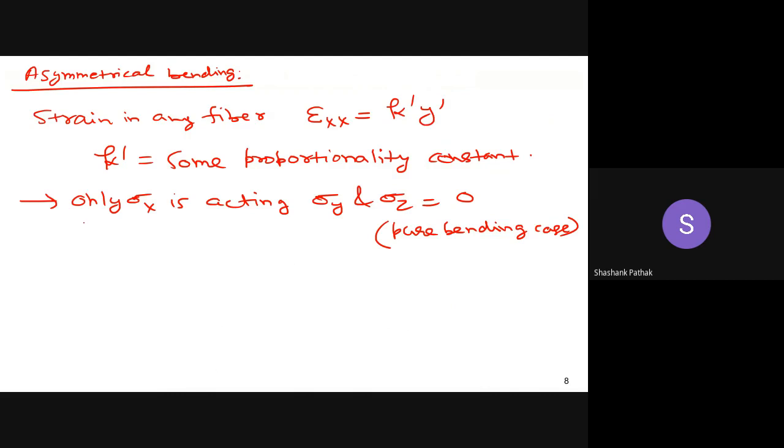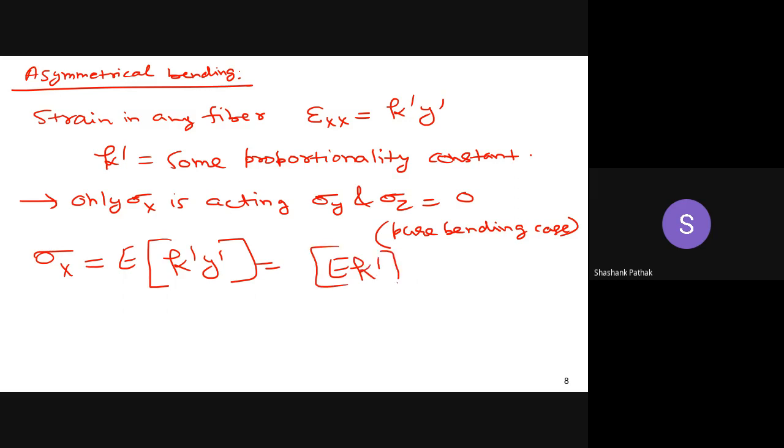So now sigma x can be written as modulus of elasticity into epsilon xx. Epsilon xx is what? K prime y prime. So E is a constant, the modulus of elasticity, k prime is also a constant, which is basically the proportionality constant, and we are multiplying by y prime.